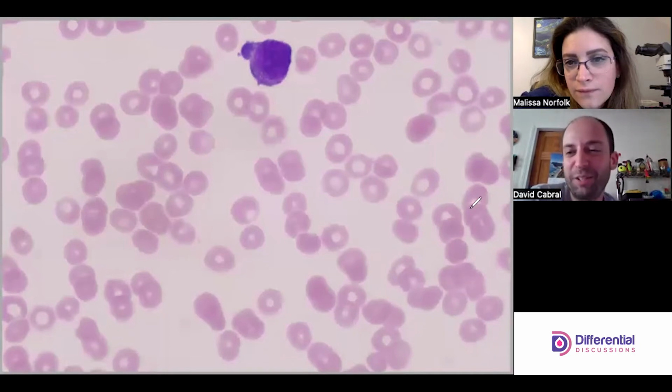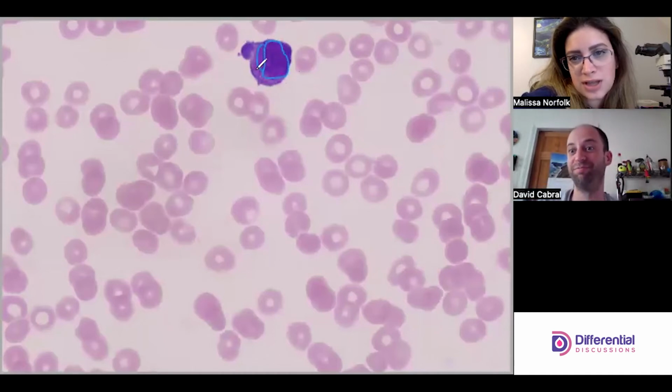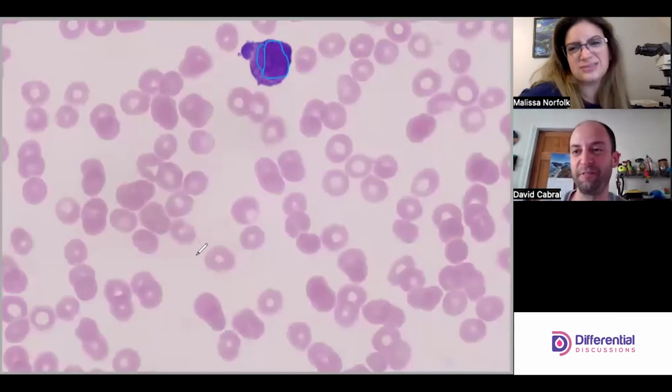But it's hard to make out what's going on here, right? It's kind of dark. Yeah. So this is the nucleus. It's not bilobed, it's just a nucleus, but actually it might be, because it kind of looks like this is also part of the nucleus. But it looks like there's an Auer rod here, but it could just be the way the granules are. Sure. Yeah, he's weird.